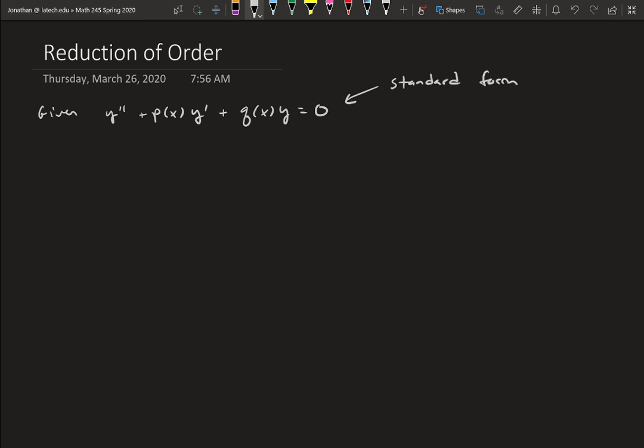Given a standard form second order linear differential equation, let y1 of x be a solution to the differential equation. So somehow you've already got one solution.